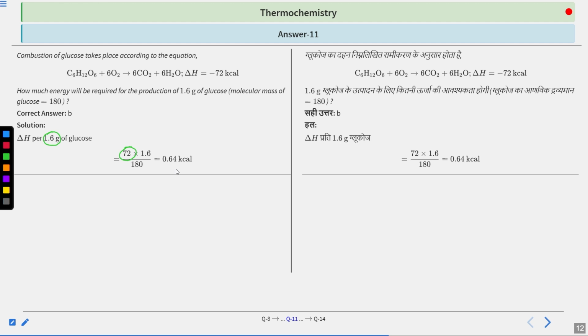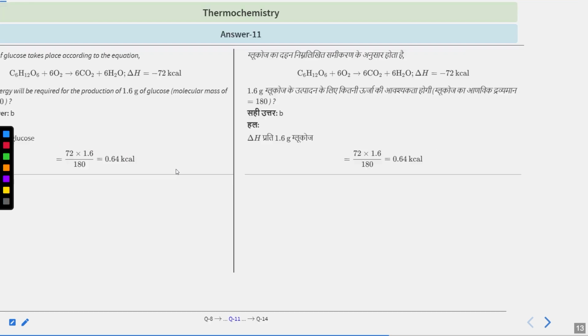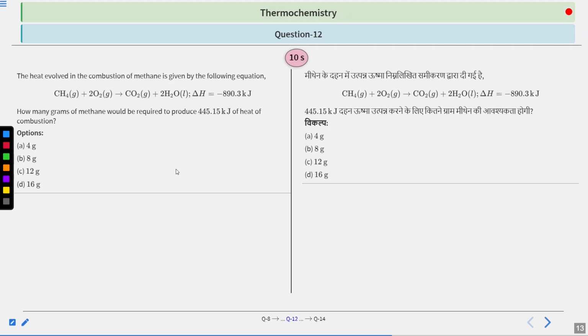Now, moving on further. Question number 12. The heat evolved in the combustion of methane is given by the equation CH4 + 2O2 gives CO2 + 2H2O, and the enthalpy for this equation is given as minus 890.3 kilojoule, and again it is per mole.